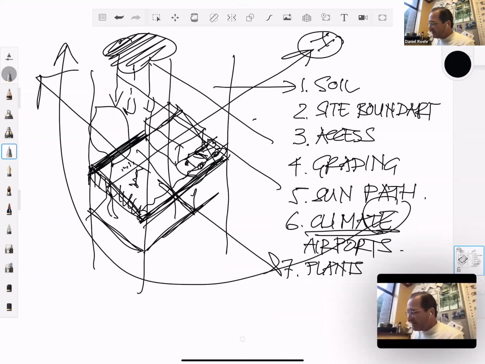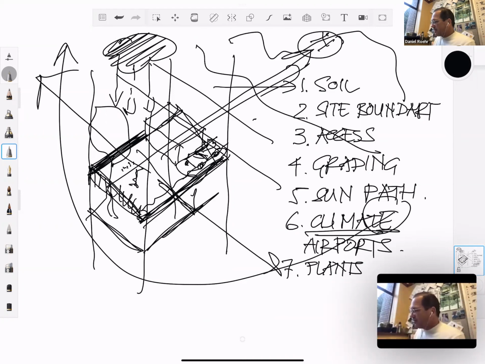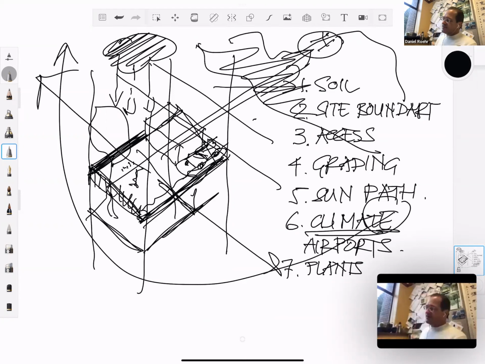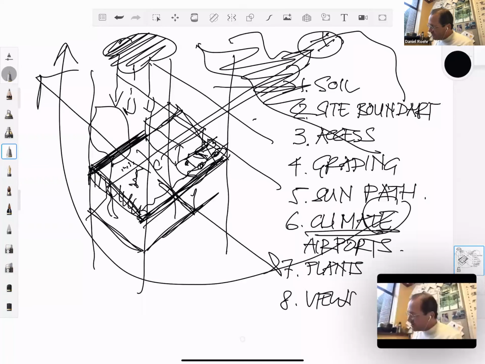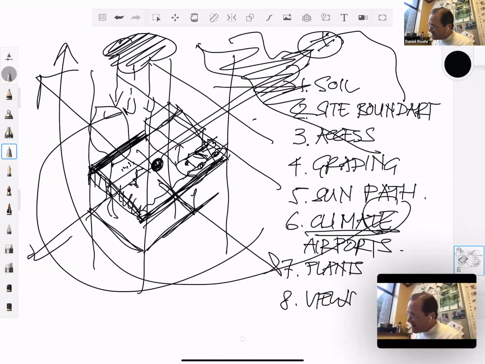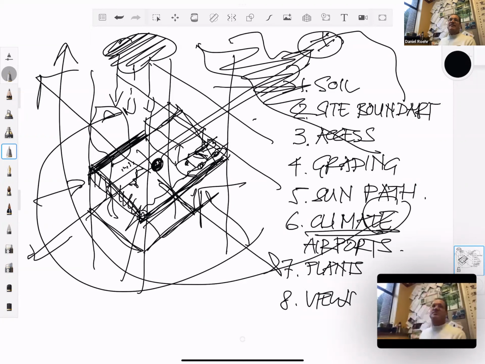Let's say there's a mountain range to look at, or there's the coastline here. So understand the views in and out. Also looking from here out, but also going around the site and looking towards your site, and the impact of that as well. Those things are really important. So I often use the cube to investigate and make myself a list.